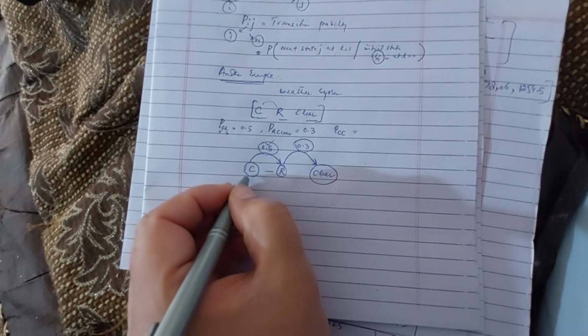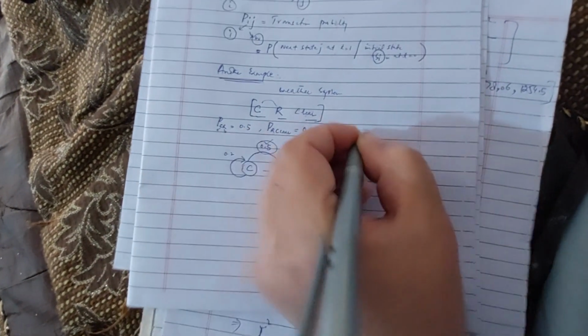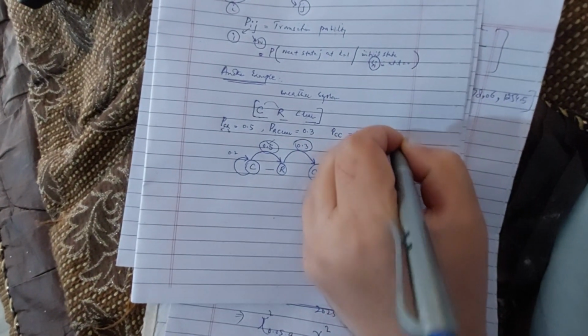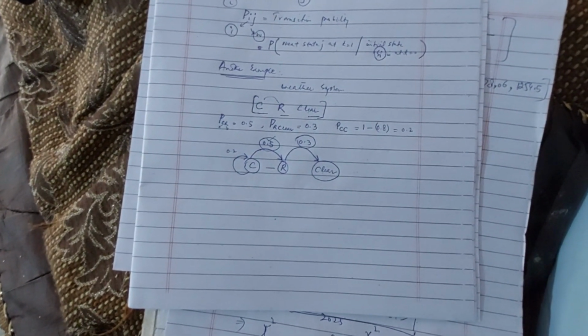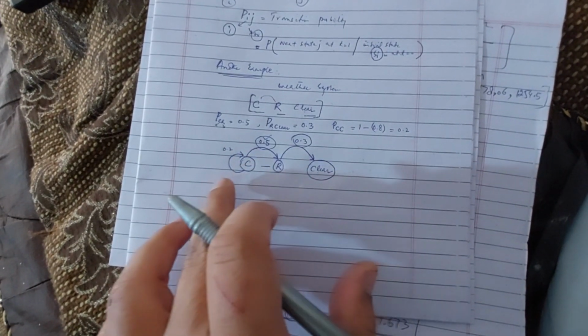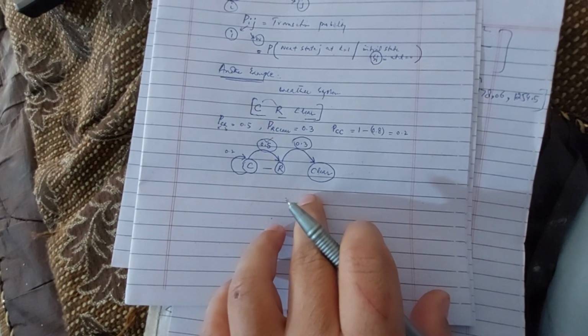So the probability from cloudy to cloudy will be 0.2, or equal to 1 minus 0.8. Okay, which is 0.2. I will explain this later on, because the row probability is equal to 1 actually.